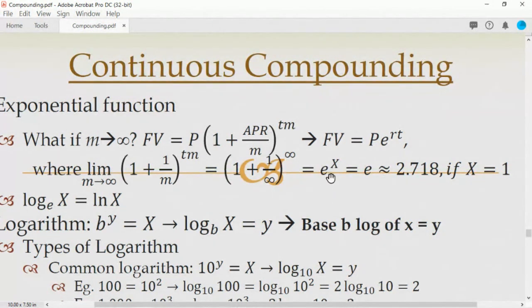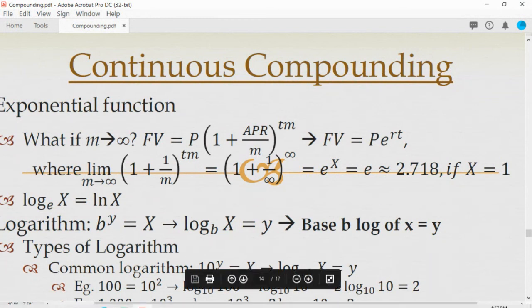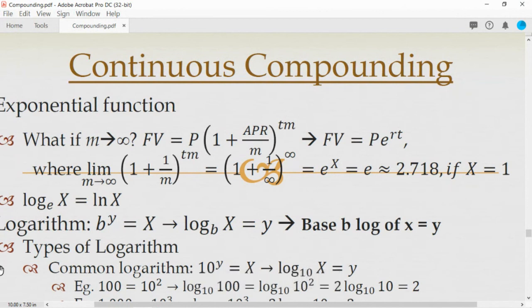Then that number is called Euler's number, and it's an irrational number. It's not a fixed number. It keeps on going. I just used 3 digits, but it goes on forever. 2.718, and it keeps on going.